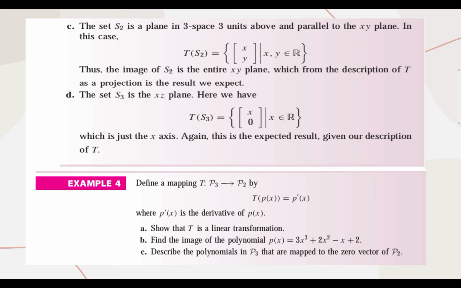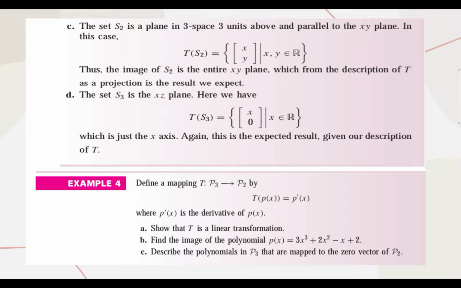In letter D, the set S3 is the xz plane. Here we have T(S3) = {T(x, 0, z) : x and z are elements of R} = {(x, 0) : x is an element of R}. So the image is the x-axis in R squared.